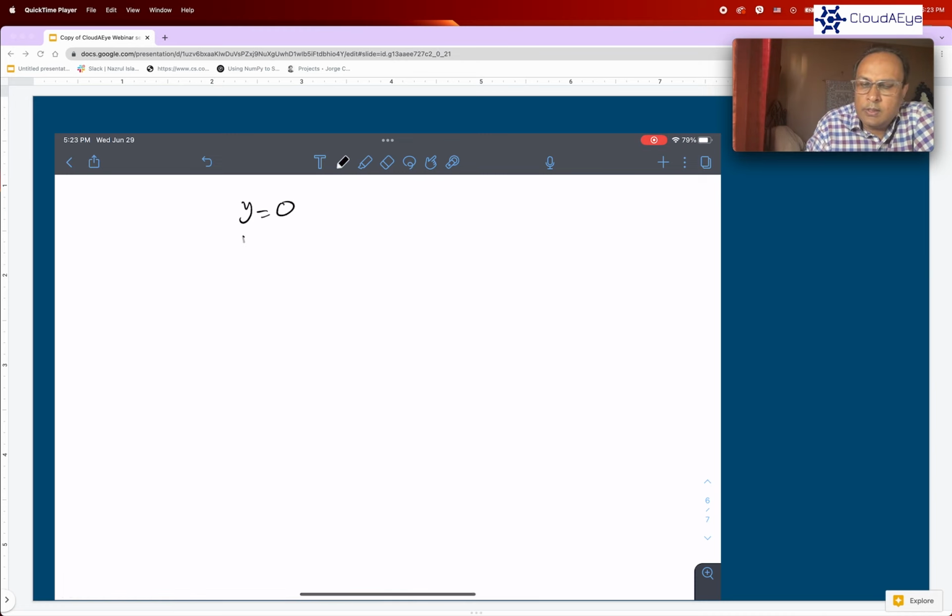Then in terms of probability, we can say the probability of seeing my output equal to 0 given all my features, let's call it p. Then the probability of y equal to 1 given my features, let's call it p2.